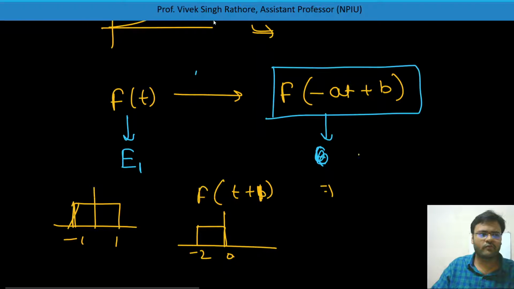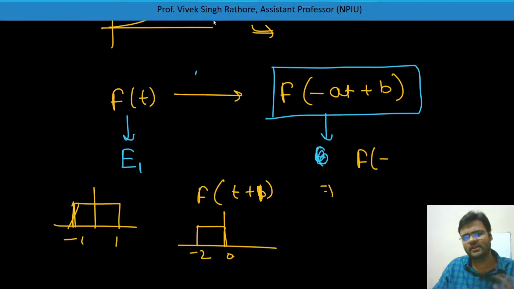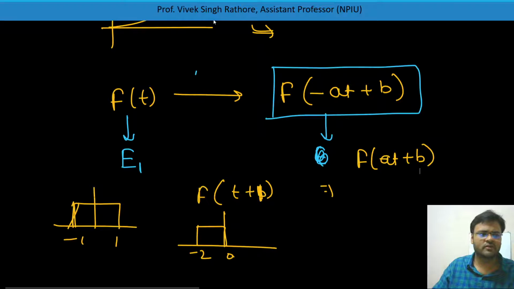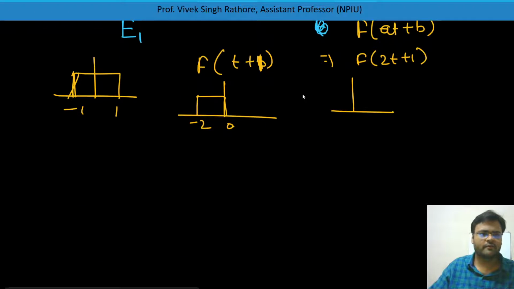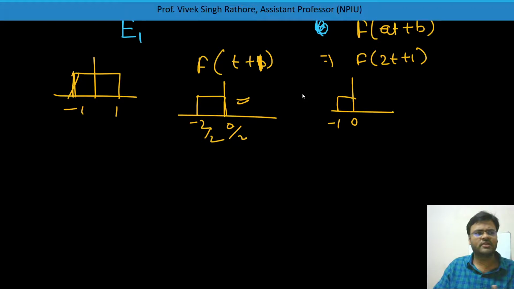Now f(t+b) we have done. Now we can do either scaling or reversal. So let's do scaling. First we have f(t+b), so here b we take, let's suppose, f(2t+1). Earlier f(t+1) was there, just we need to divide by 2, so it will come like this, from minus 1 to 0.